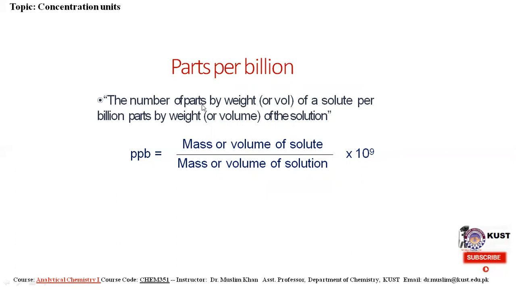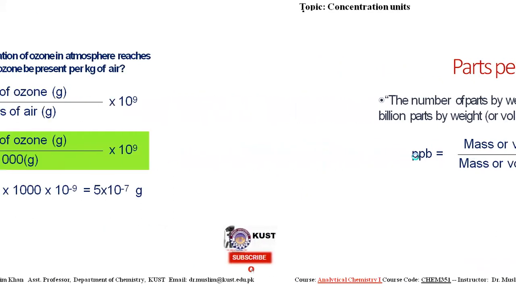So the number of parts by weight, mass, or volume of a solute per billion parts of a mass or volume of the solution is called ppb, parts per billion. So ppb is equal to mass or volume of a solute over mass or volume of the solution multiplied by 10 raised to the power 9.